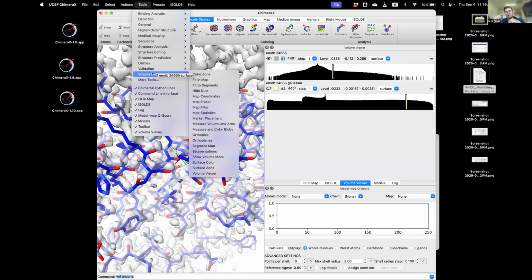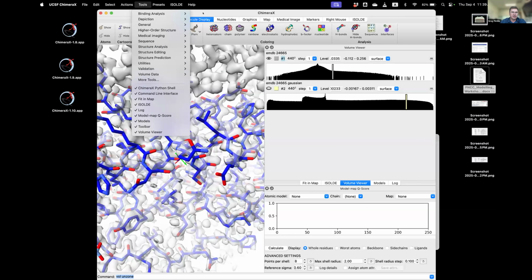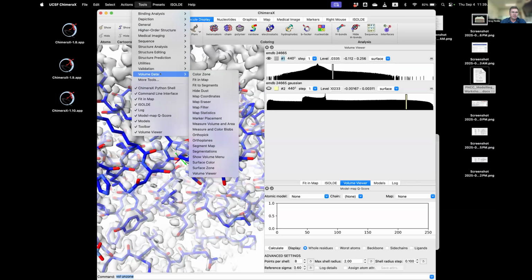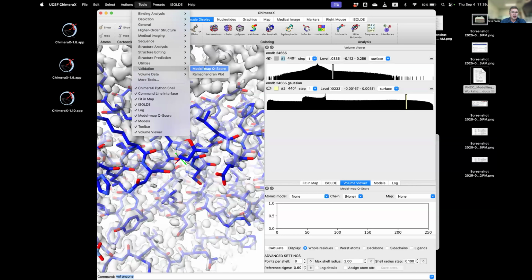So to get back to the question whether the Q-score is going to be different than the EMDB, the EMDB is using the Chimera implementation. This implementation might give you a slightly different Q-score as well, from my measurements maybe 1 or 2% error on average, just because the implementation is different. On the other hand, the implementation is a lot faster. Tristan managed to make it a lot faster.